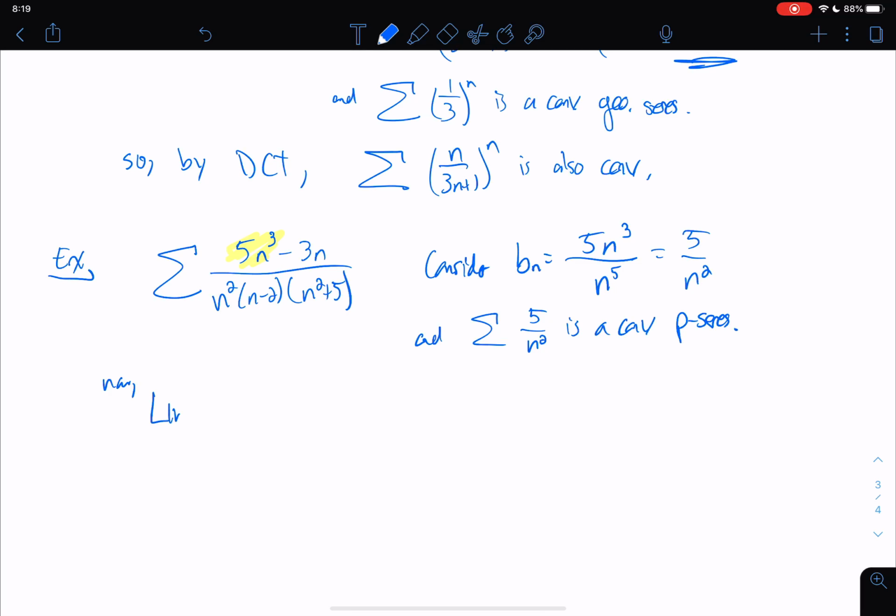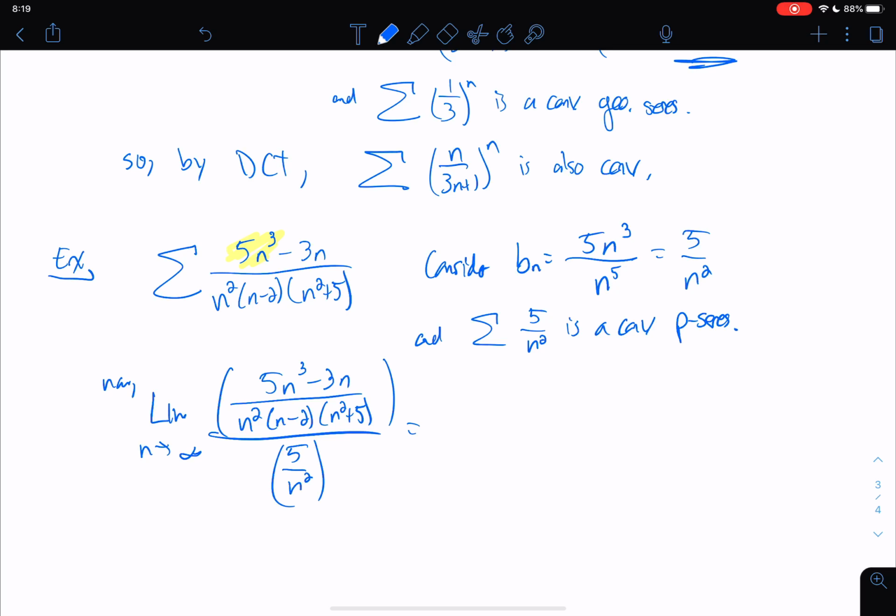Now, if I take a look at the limit as n goes to infinity of the original series, which is this whole rational expression right here, all divided by the new series, which is 5 over n squared, after I simplify everything, what is this going to turn into?